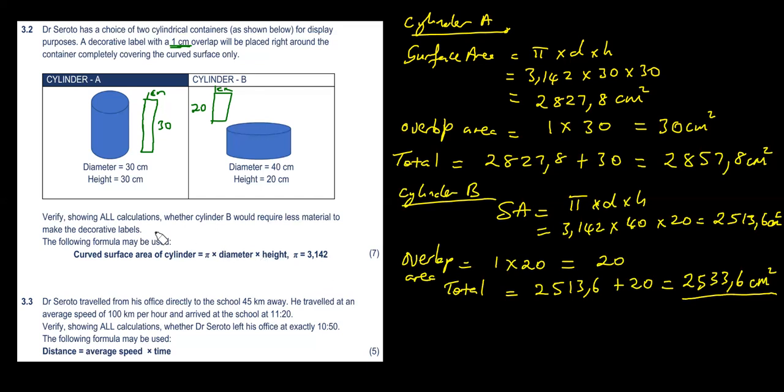Now we verify whether cylinder B would require less material to make the decorative labels. So here it's actually correct.